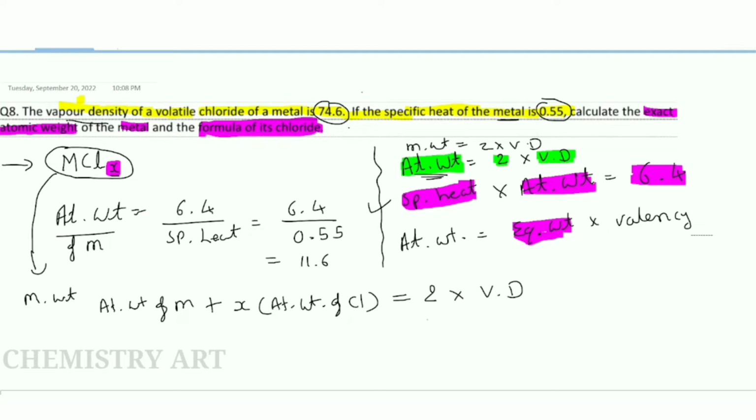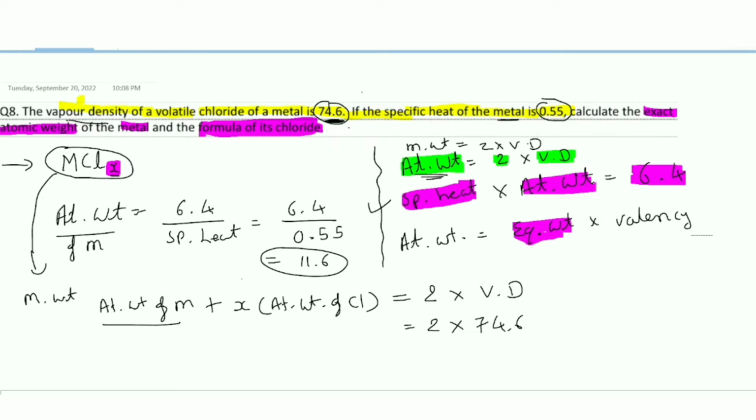So the vapor density is given. We can write 2 into vapor density, it is 74.6, and here the atomic weight of the metal we have already calculated, it is 11.6. So we write 11.6 plus X, the atomic weight of chlorine is 35.5.